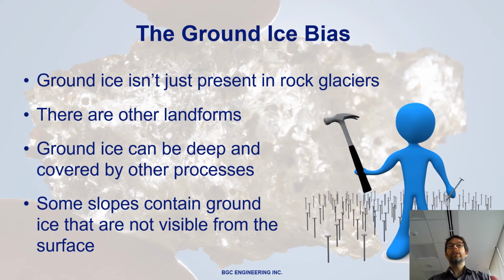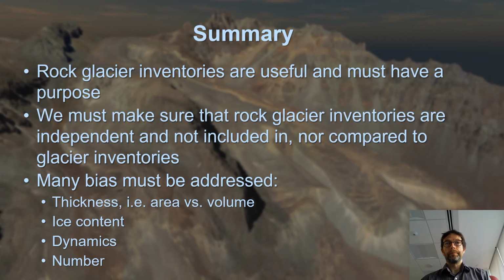I like the analogy that we should not just look at it as if we have a hammer and everything is a nail. So in summary, rock glacier inventories are useful, I would say very useful, but they must have a purpose and we must understand their limitations. And we must make sure that rock glacier inventories are independent.